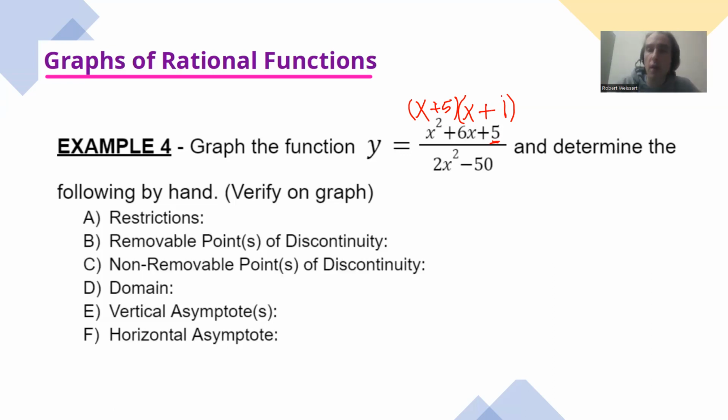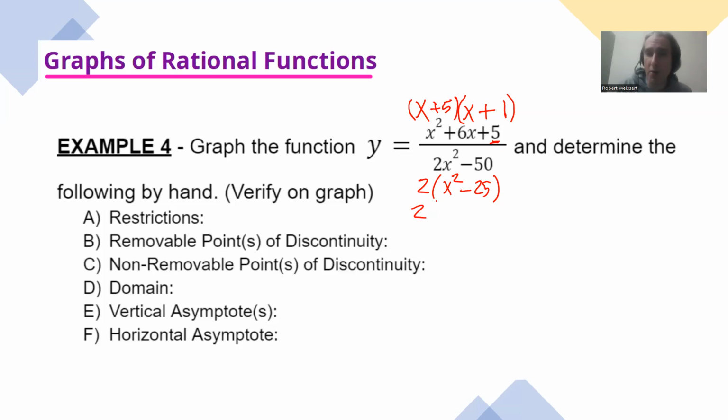The denominator has a GCF. Notice that 50 and 2 are both divisible by 2. So first we're going to divide that GCF out, and we'll have x squared, and then 50 divided by 2 is 25. But as you can tell, that's probably going to be factorable again. So I'm going to factor the x squared minus 25. Can you think about what that factors to?